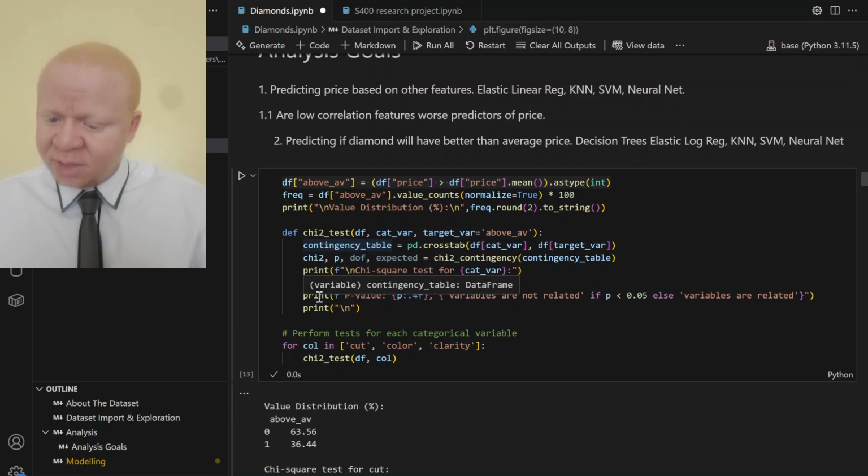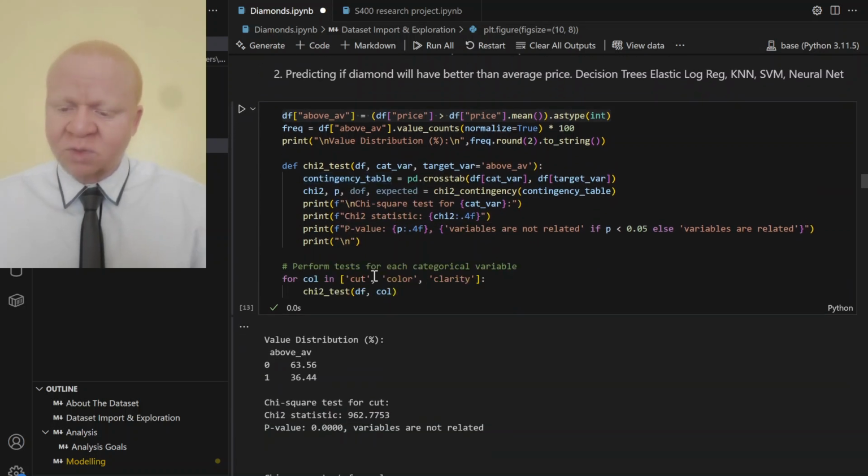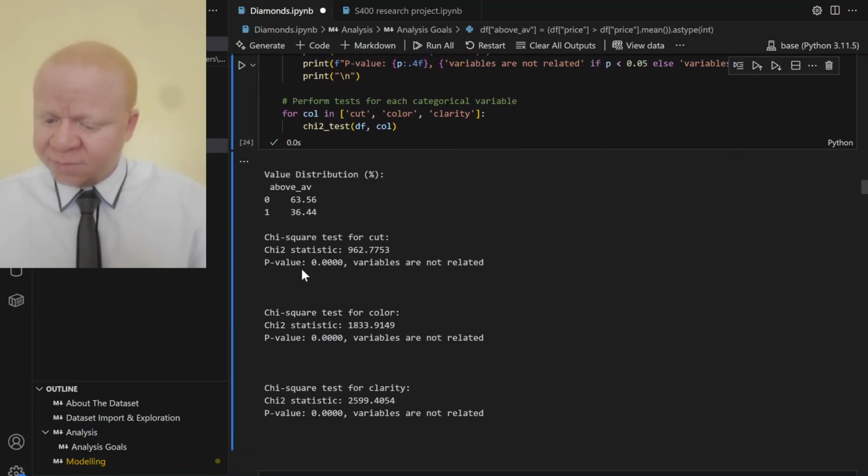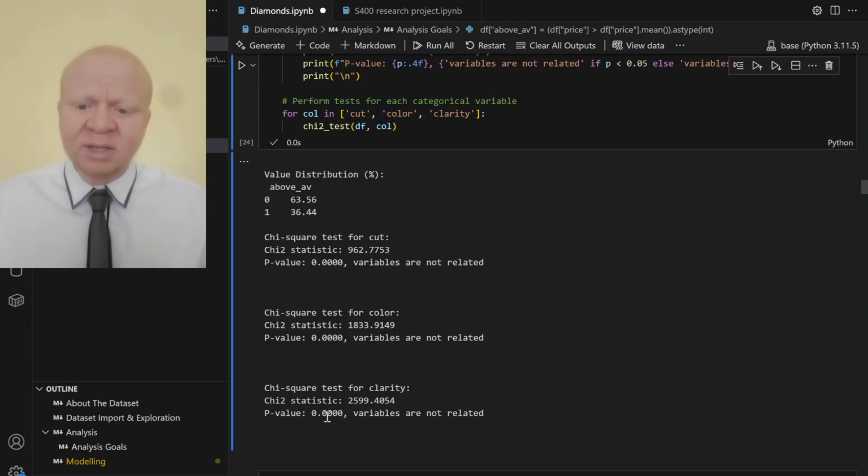And hereafter, I do a chi-square test to test for association between this newly created above average column as well as the other categorical columns. And in doing so, we find p-values less than 0.05, which shows that there's a statistically significant relationship.